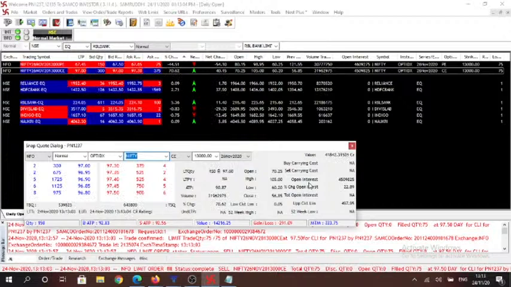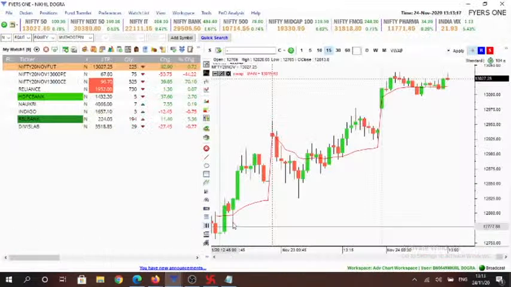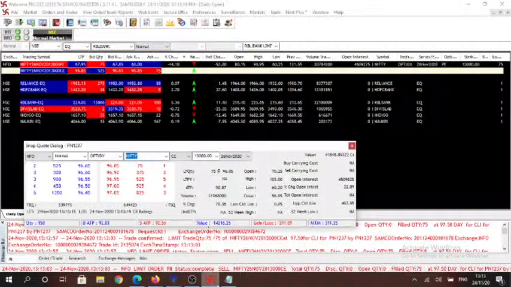We have exited that at 97.5. Actually, I'm not comfortable right now because the market is behaving very differently. It should move, but it is not. So that's the issue.